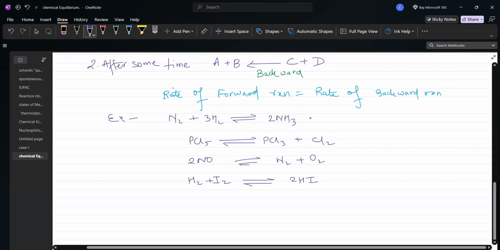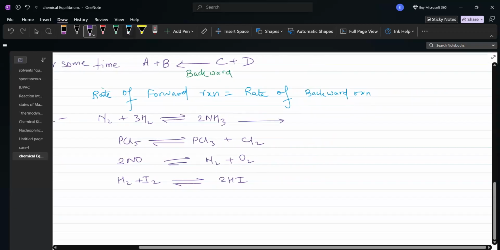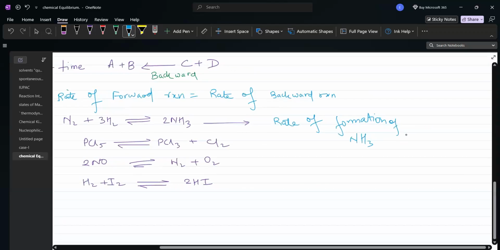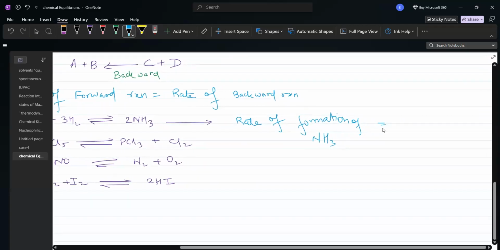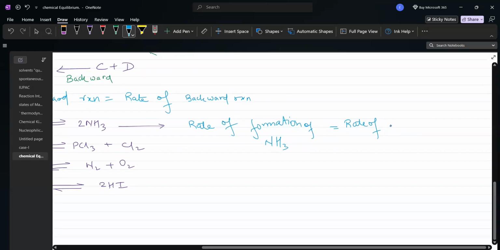So for example, in this case, we can say that the rate of formation of NH3 is equal to the rate of decomposition of NH3.